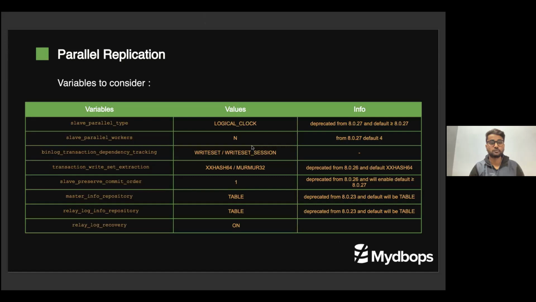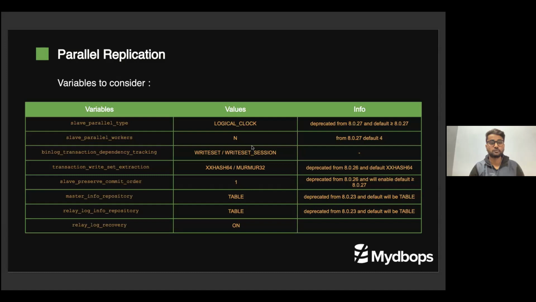So, variables to be considered. First variable is slave_parallel_type. Second is slave_parallel_workers. To enable parallel application in MySQL 8, we should set slave_parallel_type to LOGICAL_CLOCK, slave_parallel_workers should be greater than 0, and binlog_transaction_dependency_tracking should be WRITESET or WRITESET_SESSION.